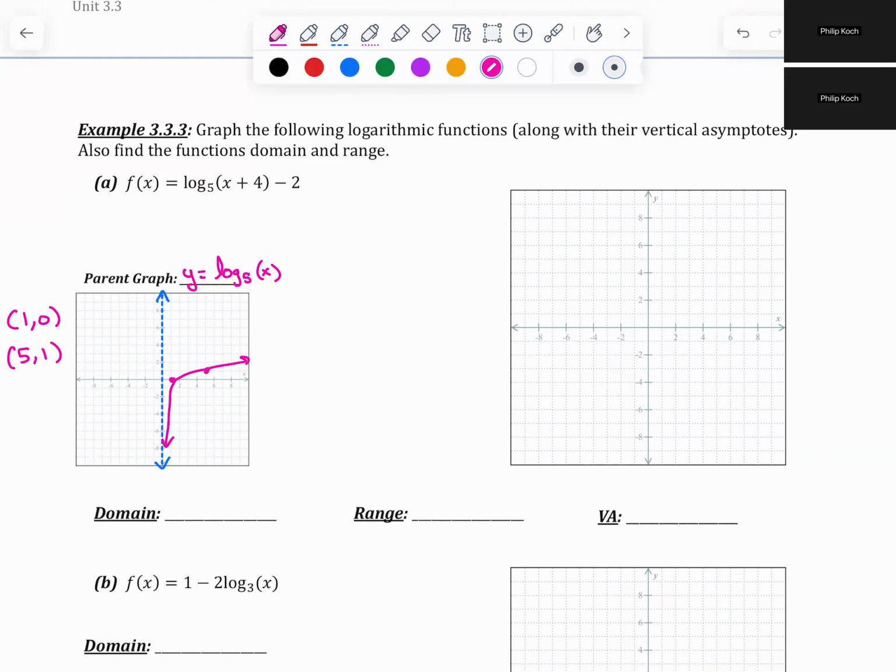So this one, there's no negative x, so if we're following RCS, we can skip that first step. There are no reflections. There are no compressions or stretches, but there's a shift left 4 and down 2.